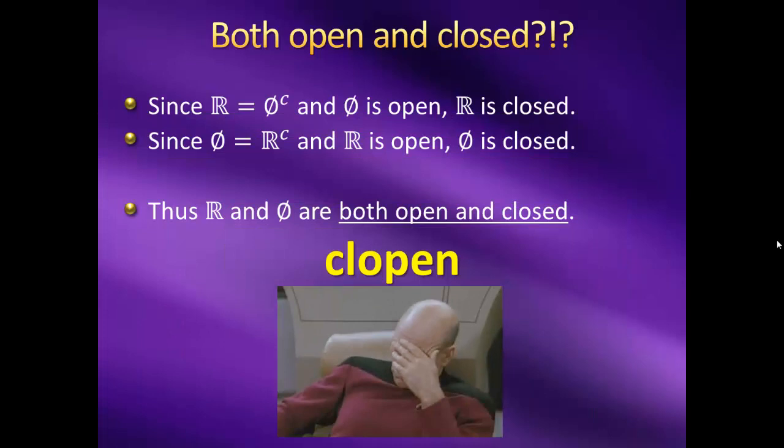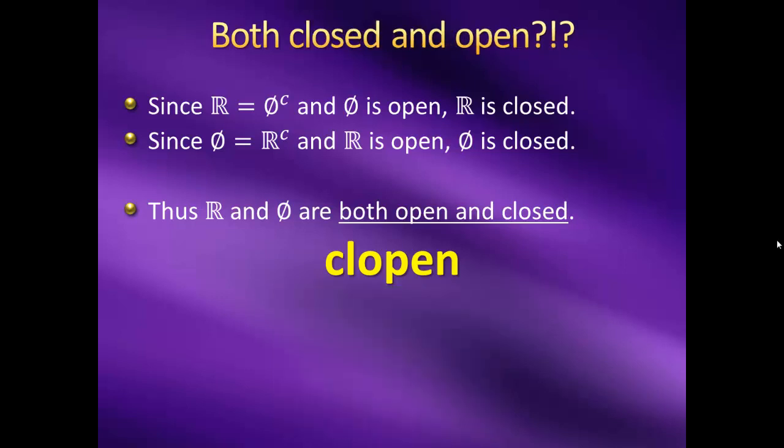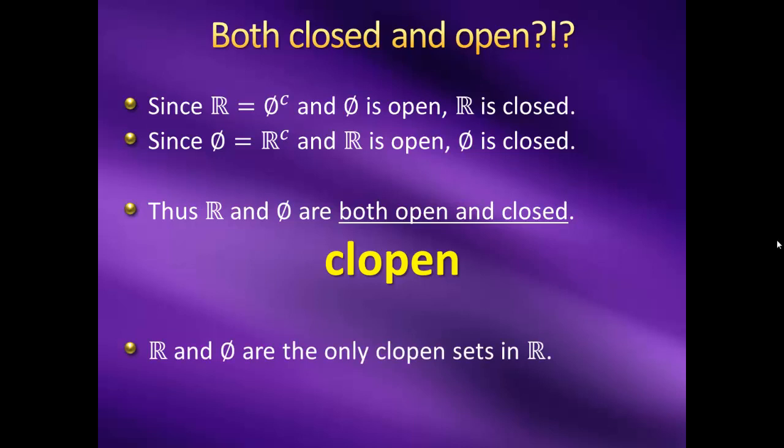Yes, clopen. I'm not kidding. You can groan and roll your eyes now at the terrible name, but I'm afraid that's just how it is. But at least we don't have to deal with these sets too often. It can be proven that the entire real line and the null set are the only clopen sets in R. And of course, I'm sure you're eager to go off now and try to prove that yourself.